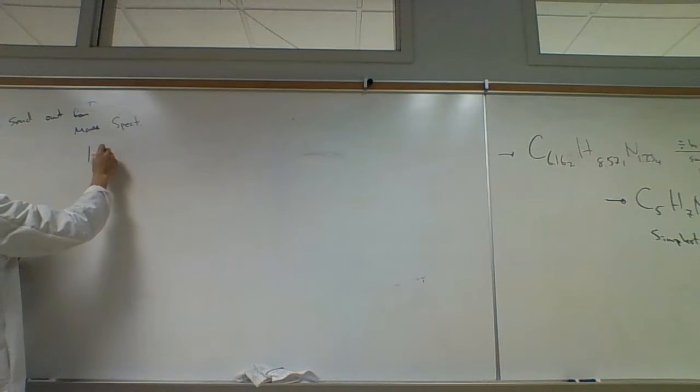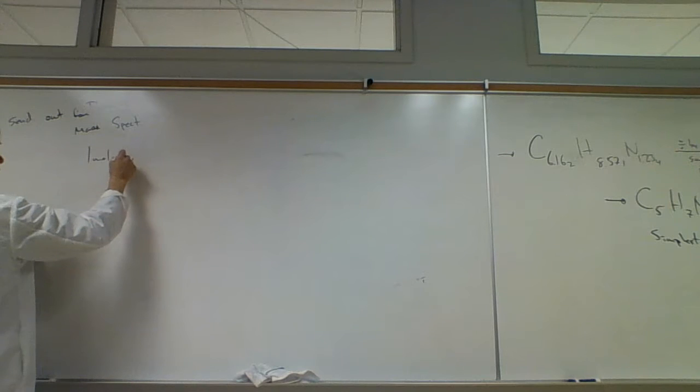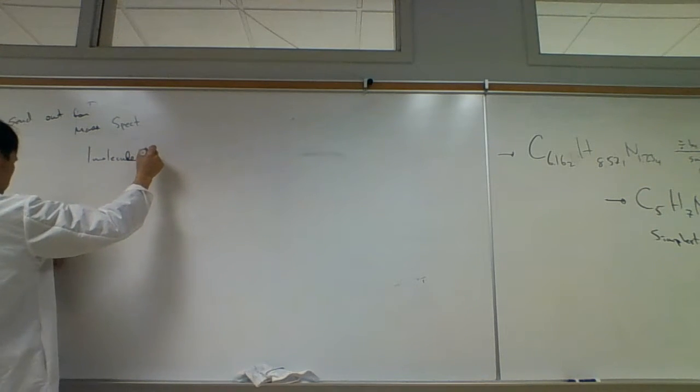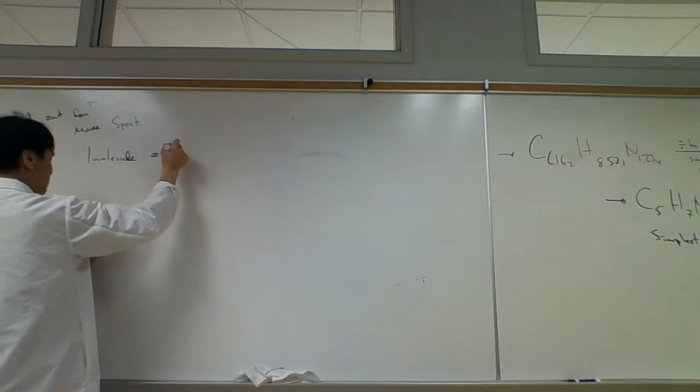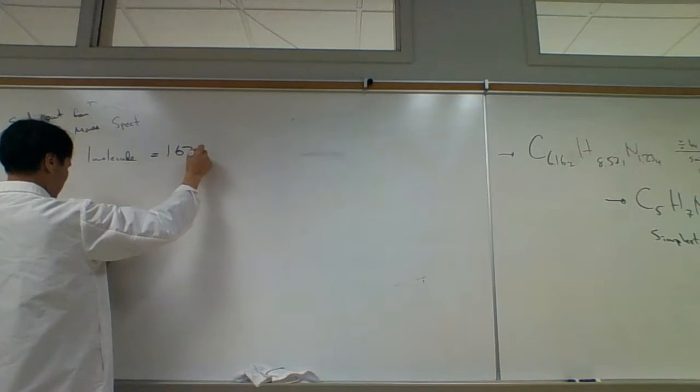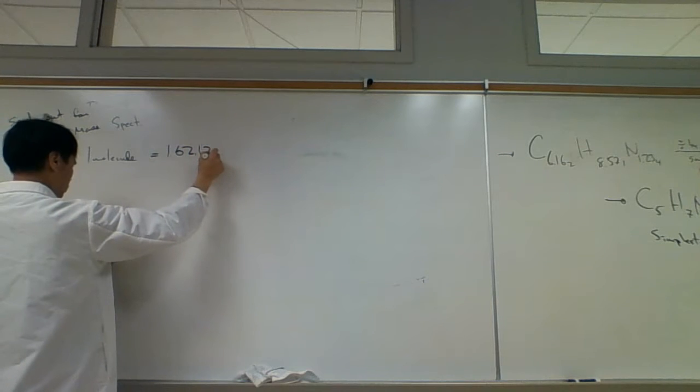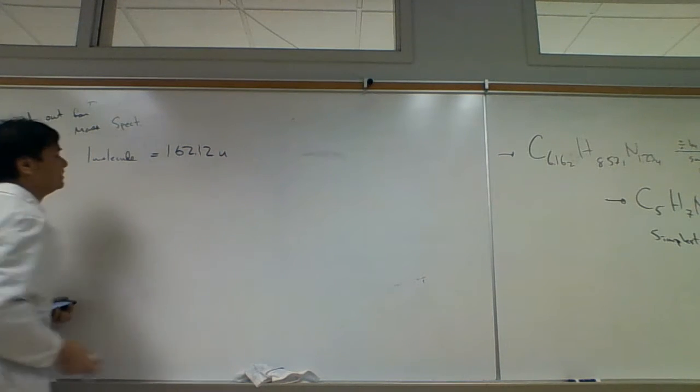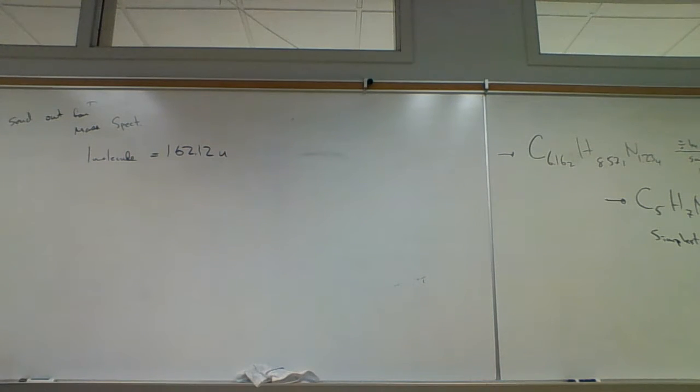One molecule comes back as 162.12 U. So a molecule of this unknown, what they can do is feed it into the mass spectrometer. The mass spectrometer is going to break it up into individual molecules, and those molecules can be weighed individually. And so it comes back as 162.12 U.